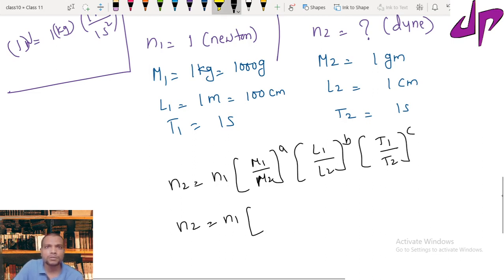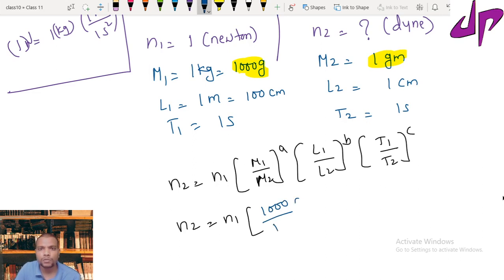M1 here equals 1000 grams and M2 equals 1 gram. So 1000 upon 1, both are grams, whole power a, which in the dimensional formula is whole power 1.